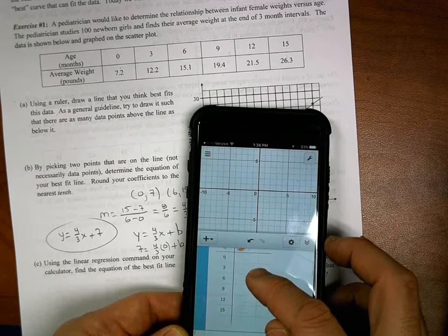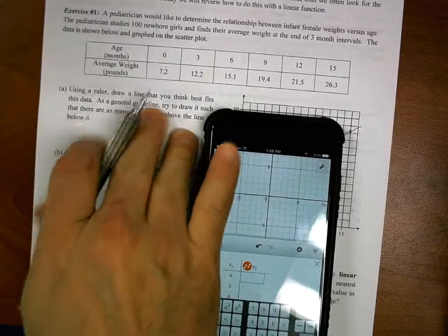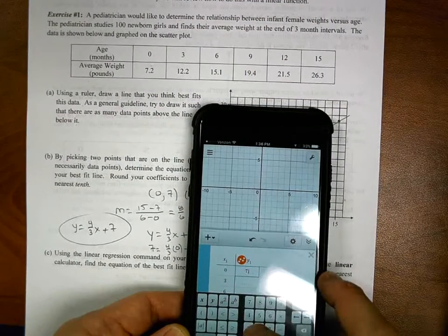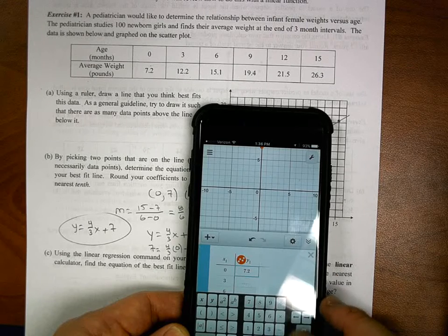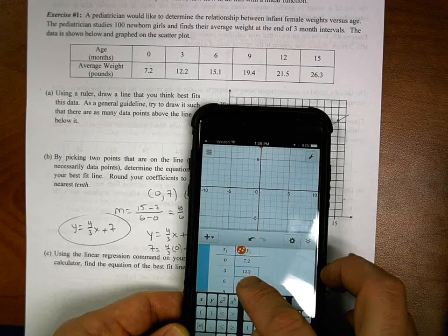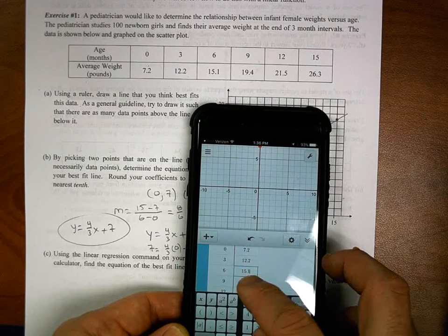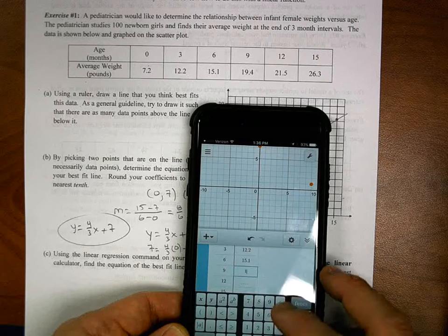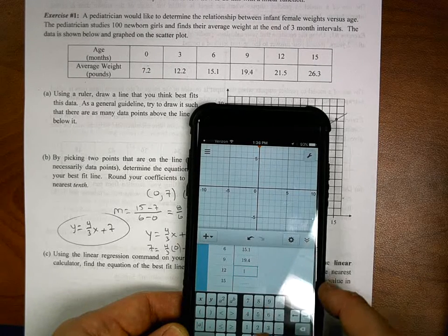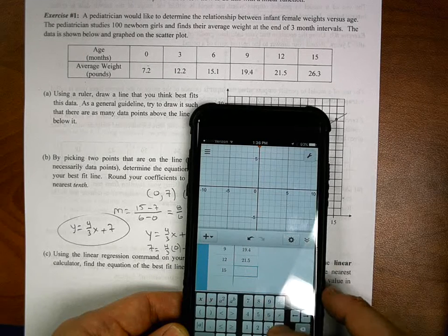Okay, and then I'll go back up and type in the y values that they had, the average weights, so 0, 7.2, 12.2, 15.1, 19.4, 21.5, and then 26.3.